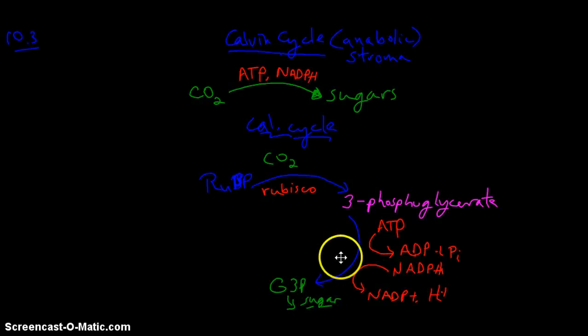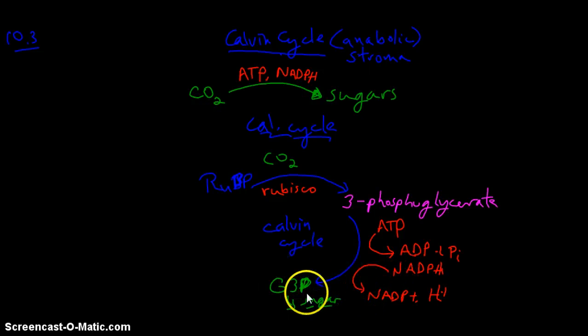So glucose doesn't get spit directly out of the Calvin cycle. Hey, spelled it. Glucose isn't spit out of the Calvin cycle directly. It's this G3P molecule, and then that can combine with other 3-carbon molecules to form glucose. You can form sucrose. The glucose monomers can join to form starch.